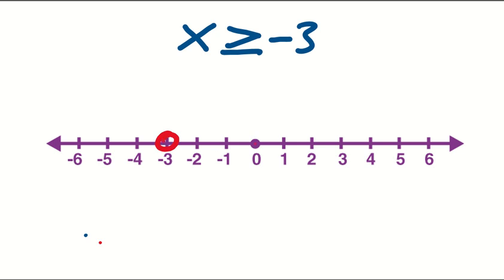Well, it's going to be a closed one because it includes negative 3. And then it's an arrow to the right because is negative 2 greater than negative 3? Is negative 1? Is 0? Is 1? Is 2? Is 3? Is 4? Is 5? Is 6? All the numbers to the right of negative 3 are greater than negative 3. And again, the inequality points the way, but it includes negative 3, which is why the circle is filled in.